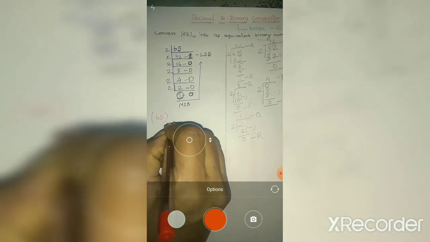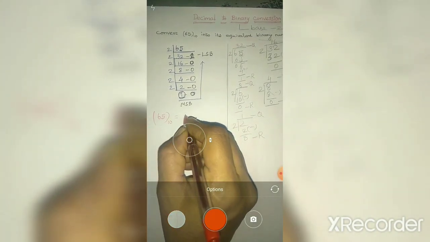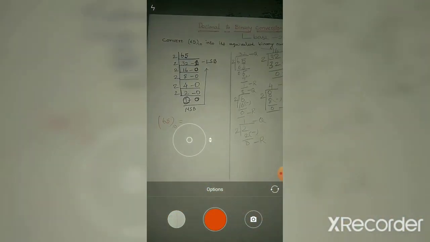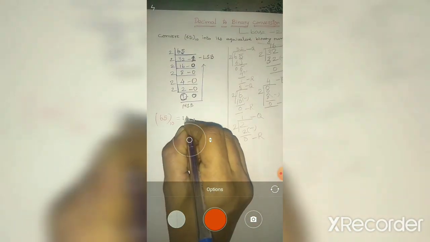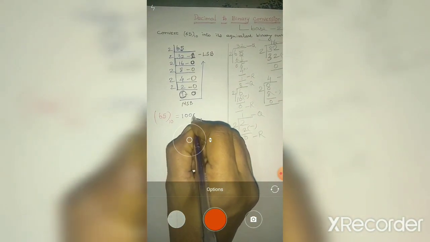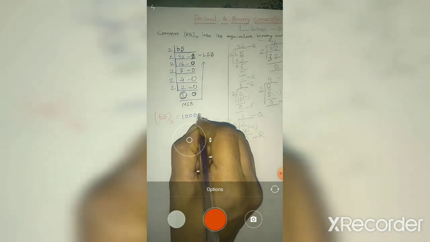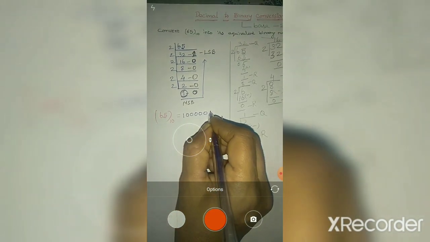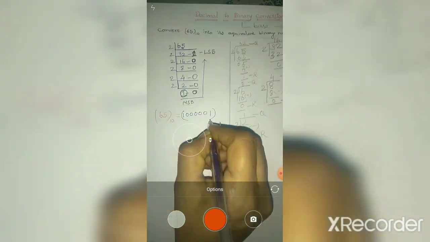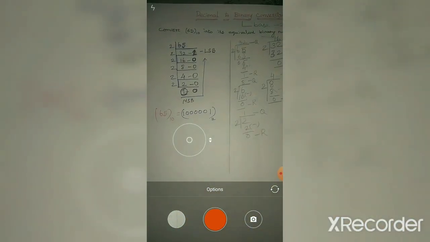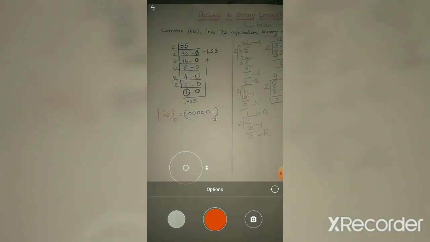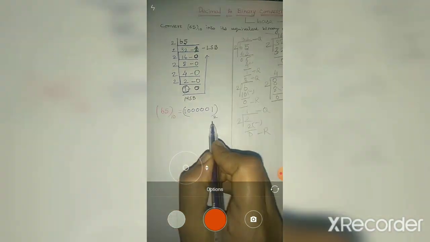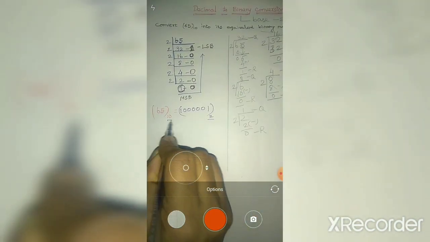65 base 10, its binary equivalent is 1 0 0 0 0 0 1. It is the binary equivalent. Why put 10 here?